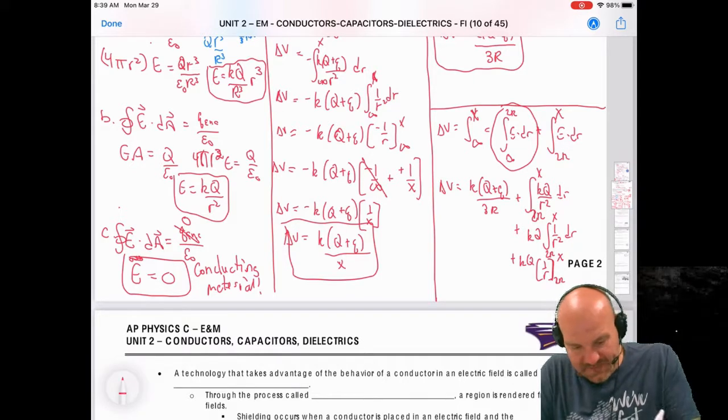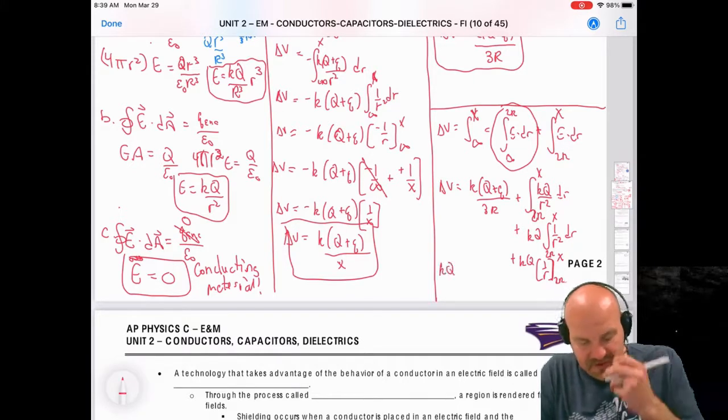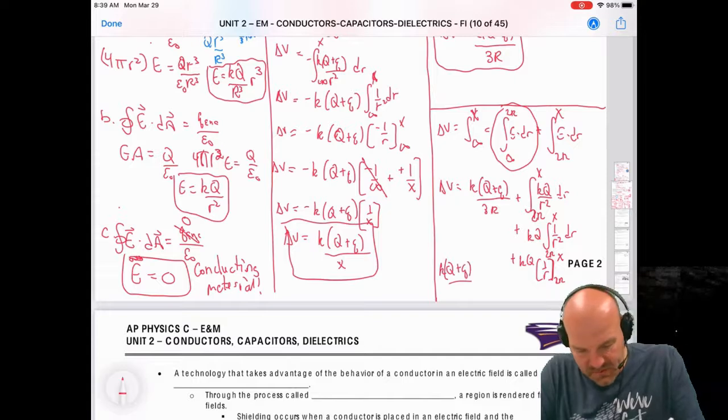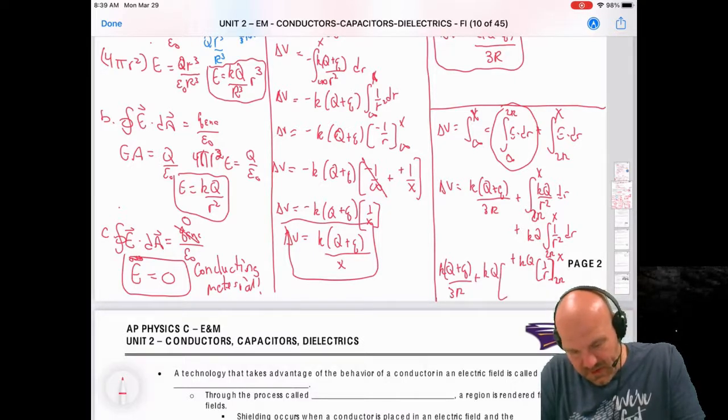And so what happens is we get kq plus little q over 3r with this term that will be kq times 1 over x minus 1 over 2r.